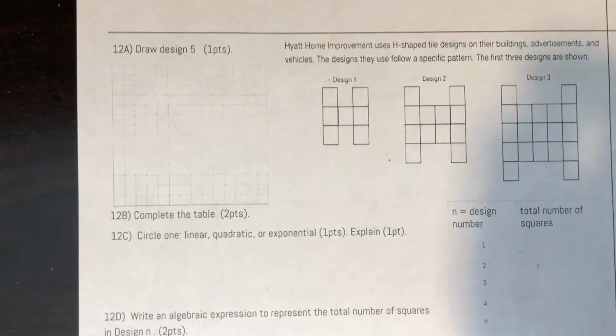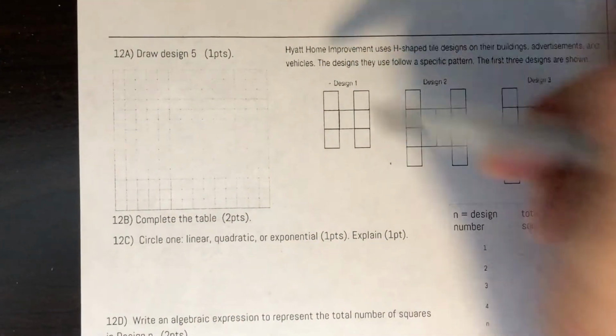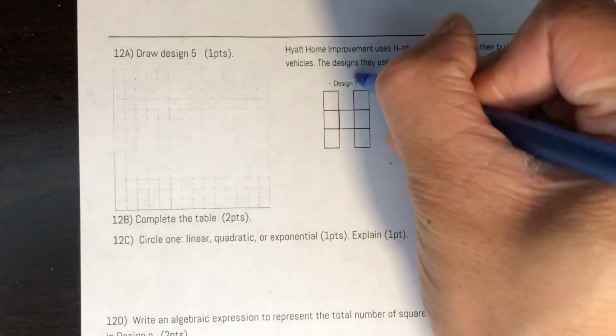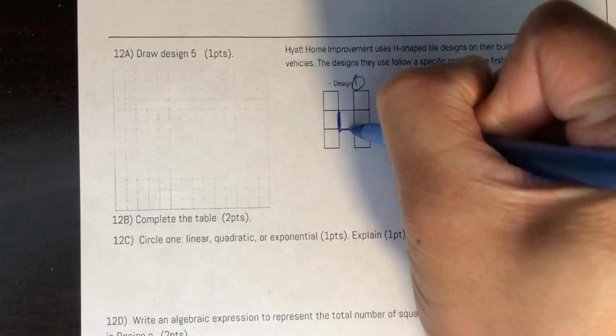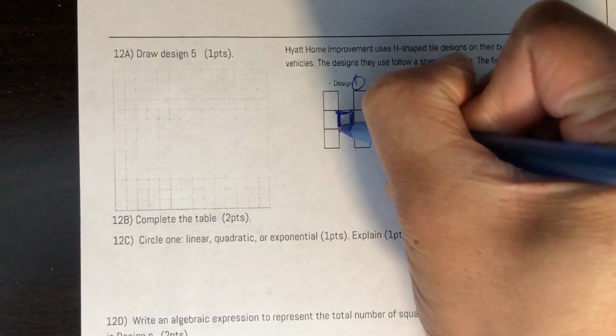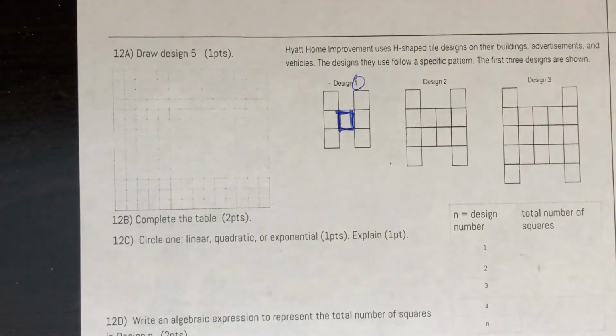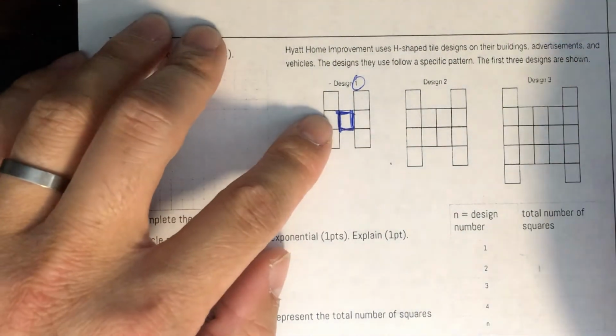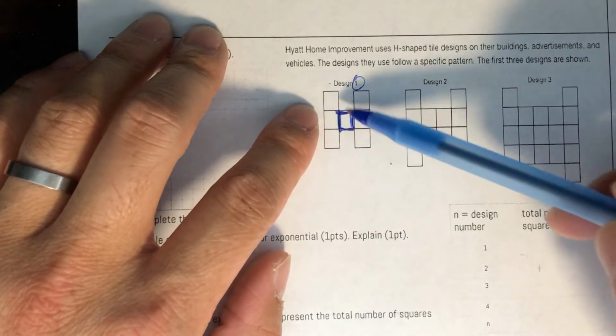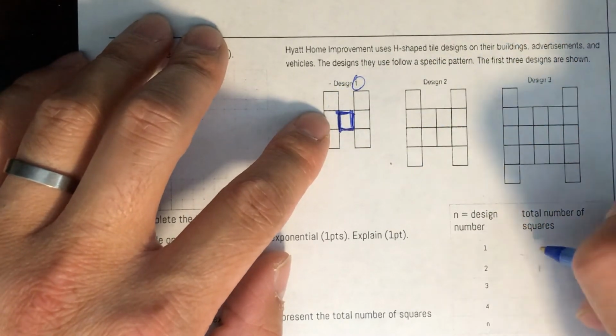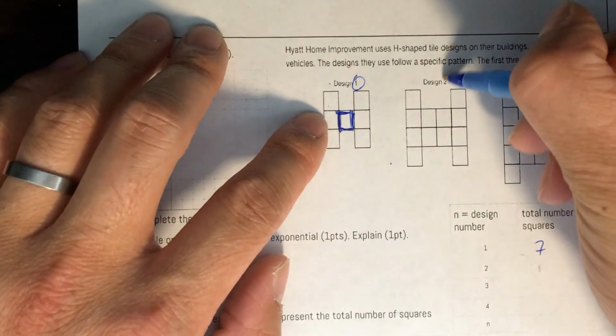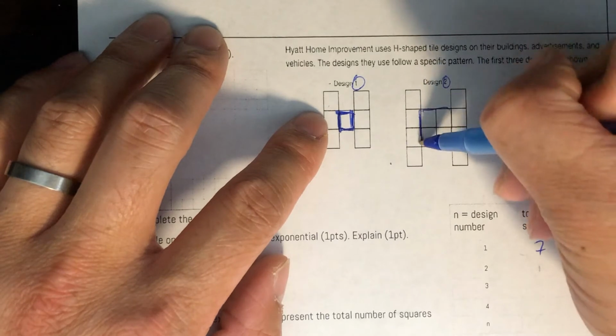All right, so when I look at this, I see design 1, and then I see kind of one box here in the middle. So if I count them up, I have 3, I have 7. And then design 2 has 2 by 2 here.